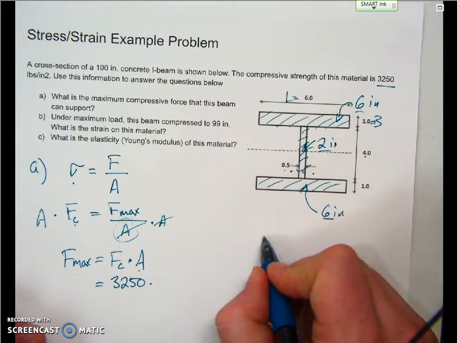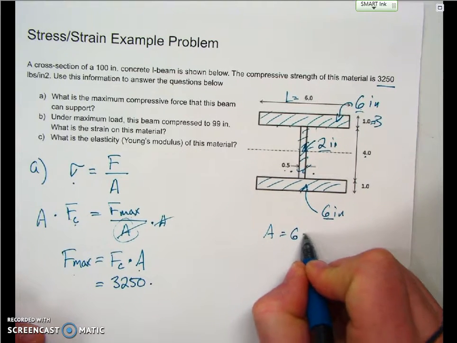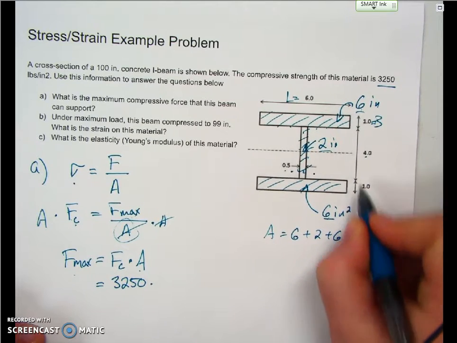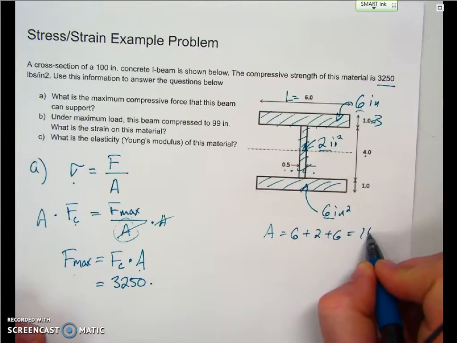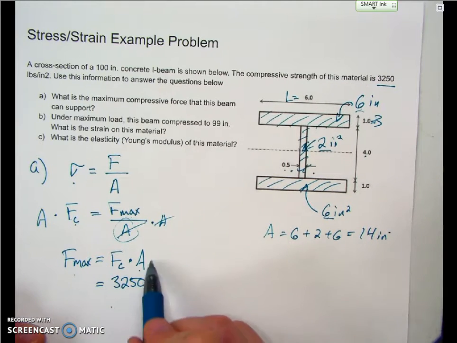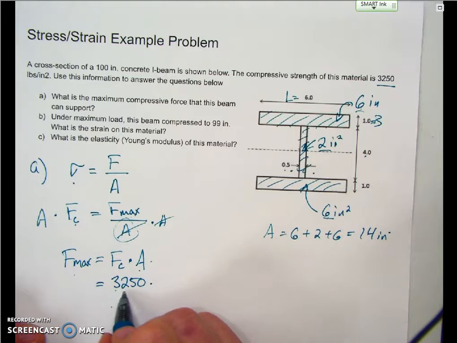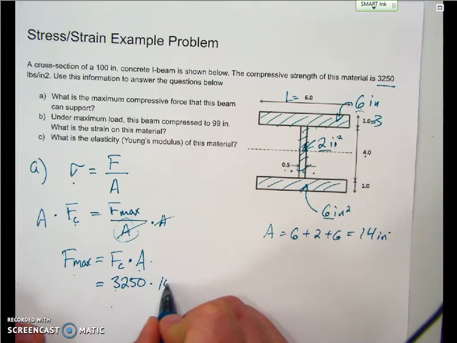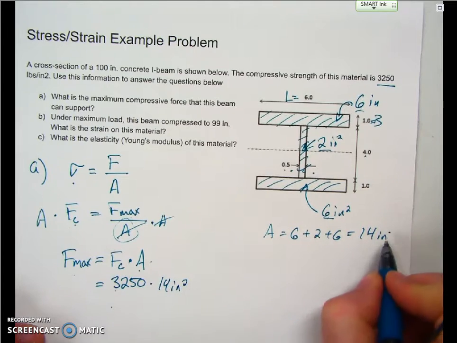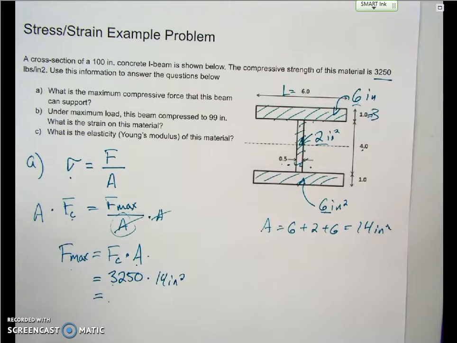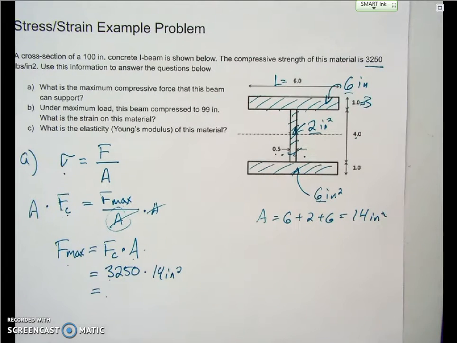So my area here is 14 square inches. That's a number I can plug in here in my equation. So 3,250 pounds per square inch times 14 square inches.